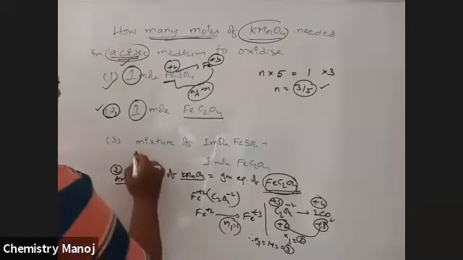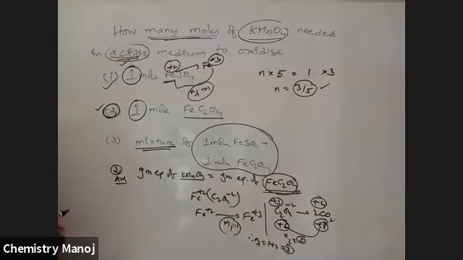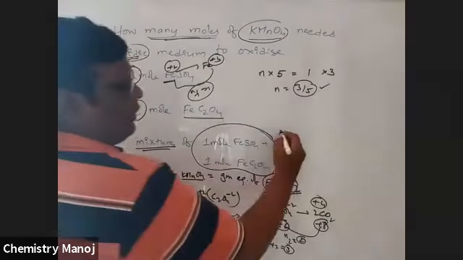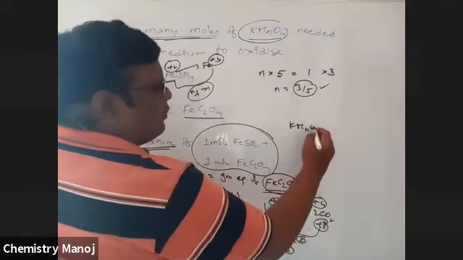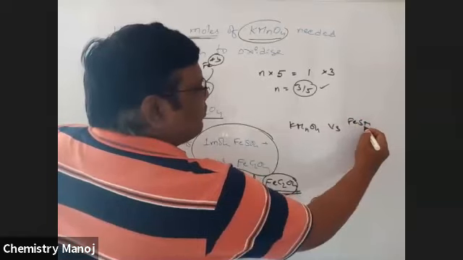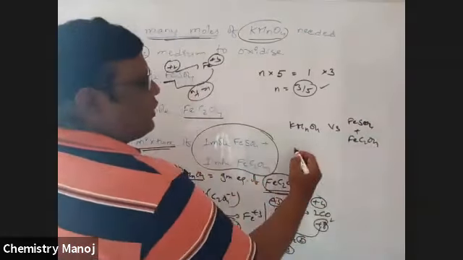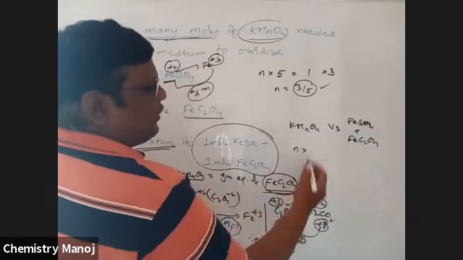Next, the third and last one. This is the mixture: KMnO4 versus FeSO4 plus FeC2O4. Now, n factor for KMnO4 is 5.